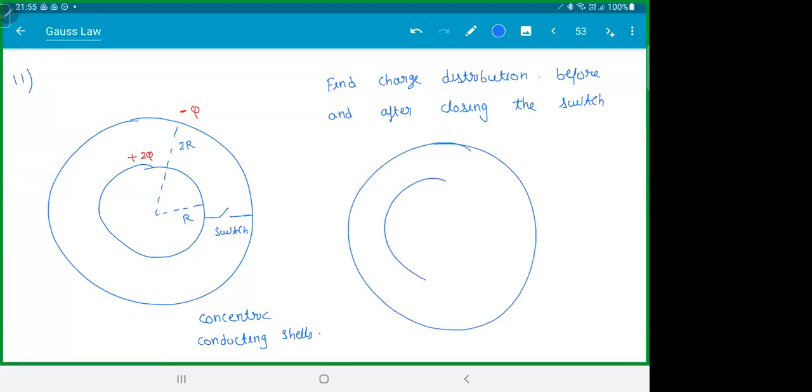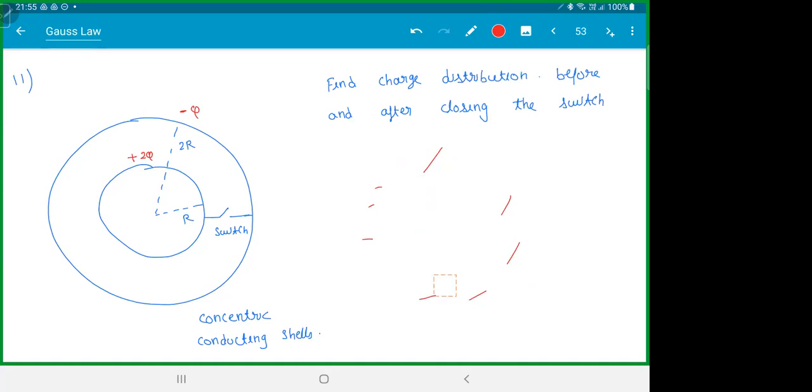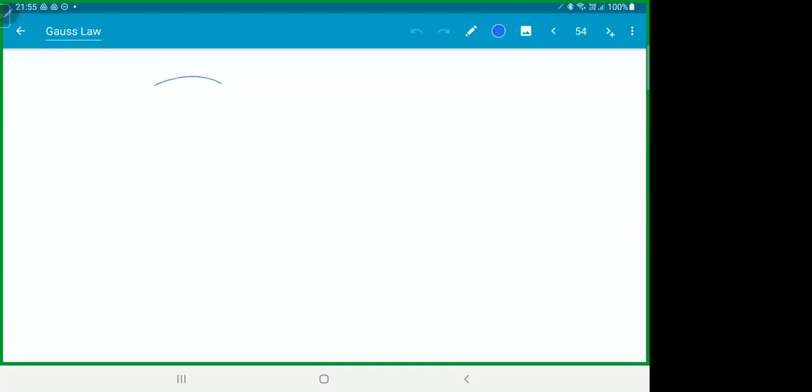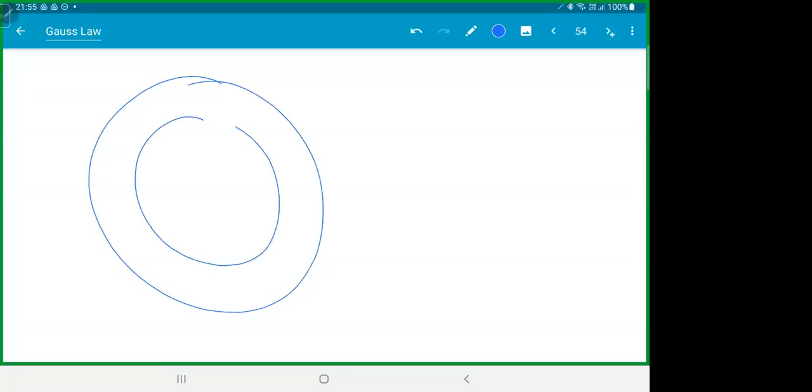Doesn't this look like a cavity? Think of it like this. Suppose you have a solid conductor. Do you agree this is a cavity?